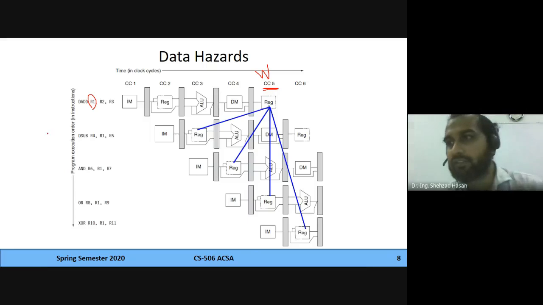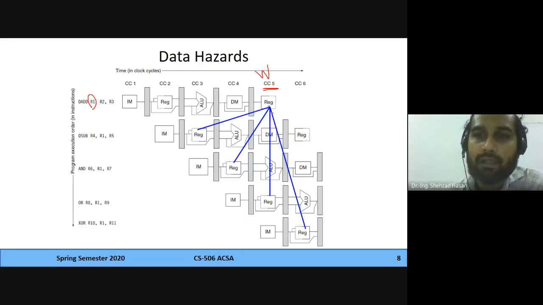Any instruction which is using the value of R1 should read the value of R1 after cycle number 5, or, to keep it correct, in the second half of cycle number 5. Now let's see what's going to happen for the next 4 instructions. The subtract is going to read the value of R1 in the third cycle.